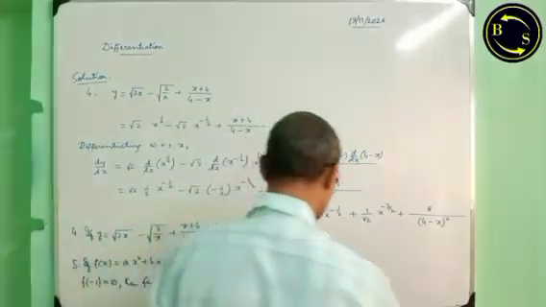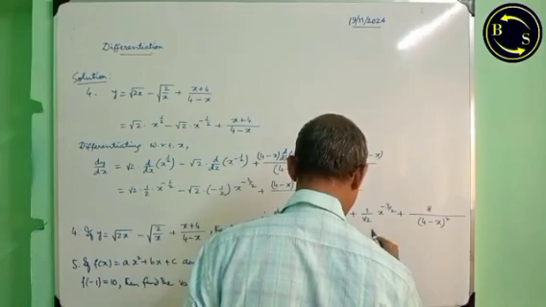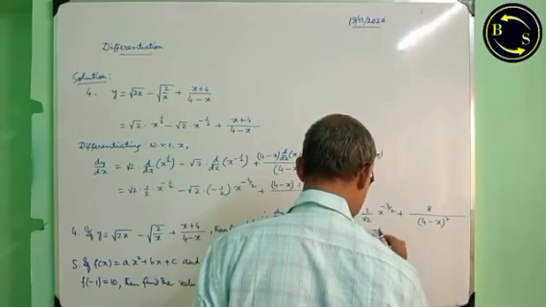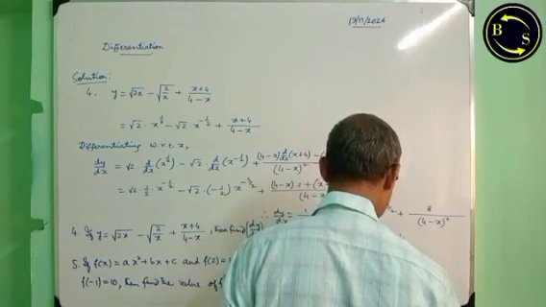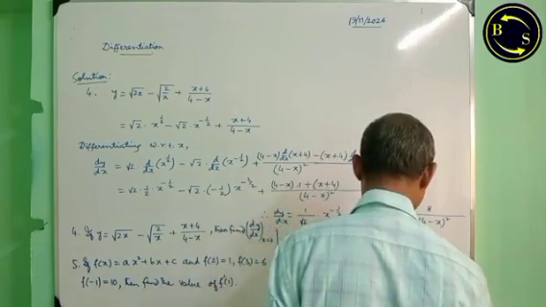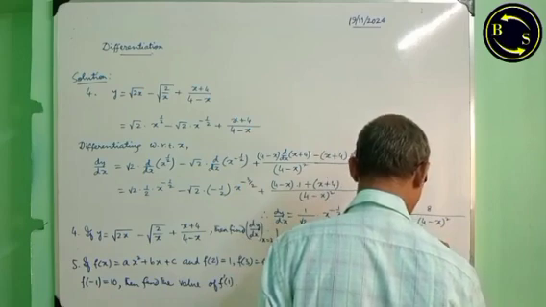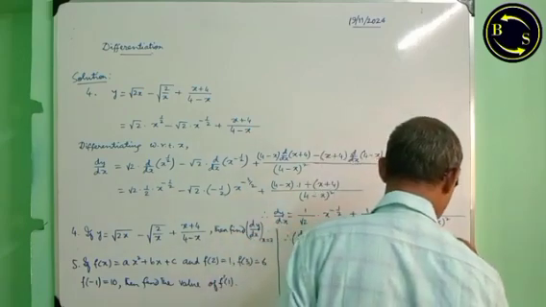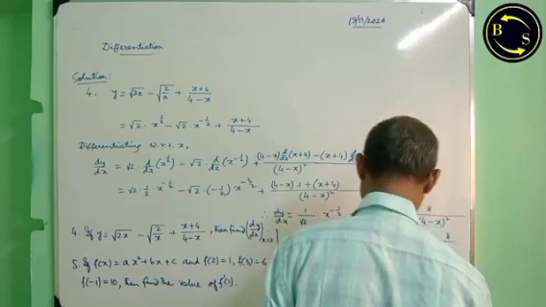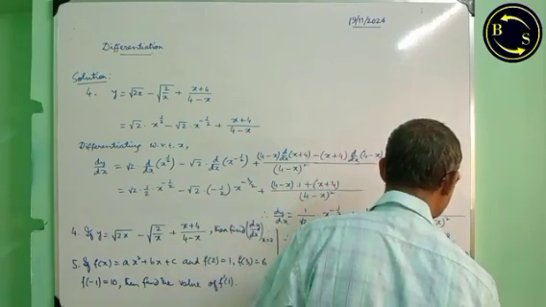Therefore, 1 by root 2 into 2 to the power minus half, plus 1 by root 2 into 2 to the power minus 3 by 2, plus 8 by 4 minus 2, 2 square means 4.